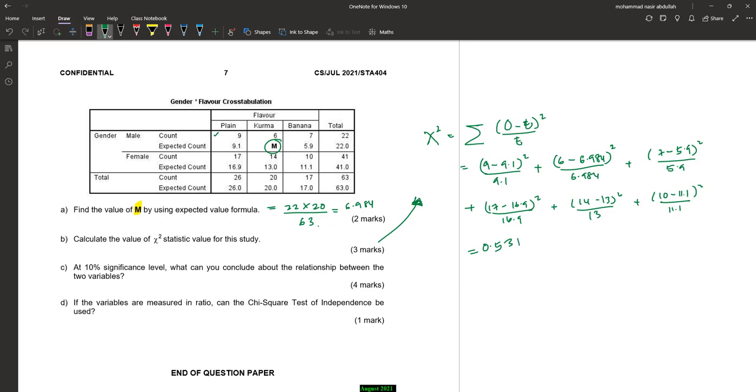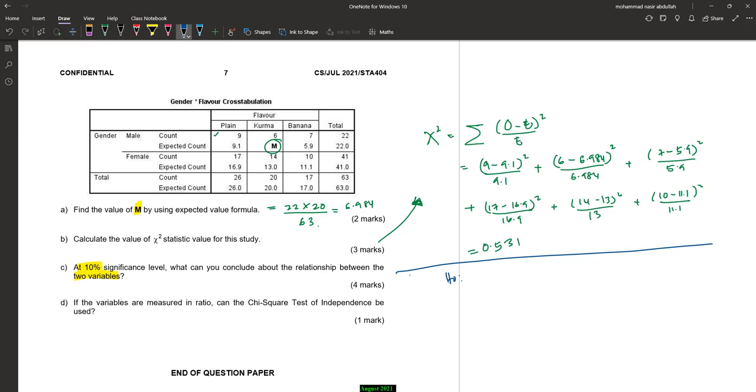0.531. Okay, right? So now at the 10% significance level, what can you conclude about the relationship between the two variables? Here it says 10%, which means you need to construct a hypothesis test.